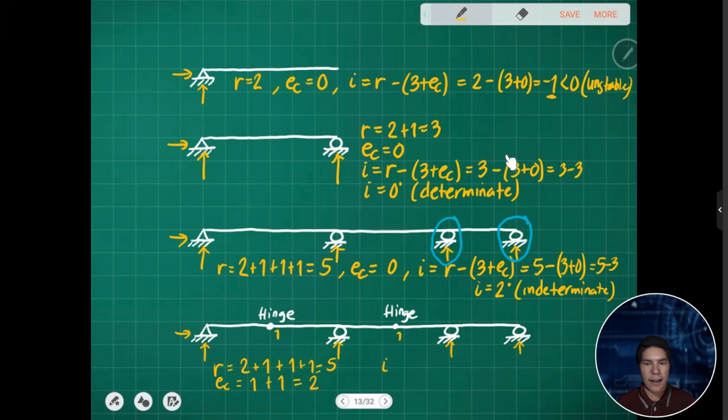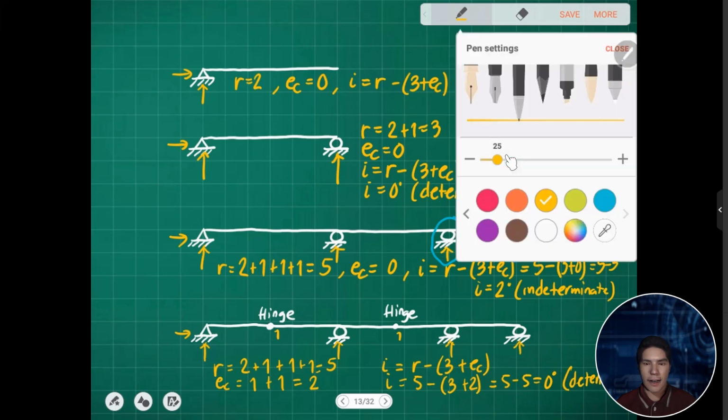So the degree of indeterminacy is r minus 3 plus EC. So therefore we have 5 minus 3 plus 2, so we have 5 minus 5. So we have 0 degree, and that is determinate.